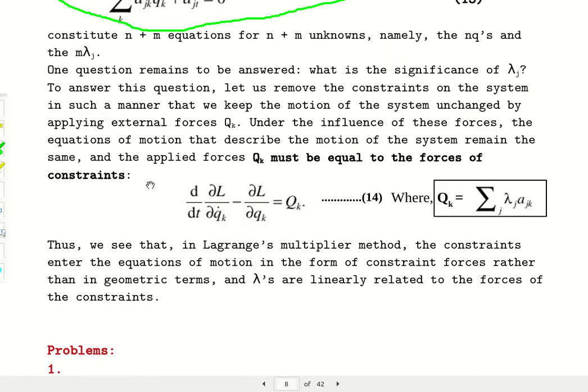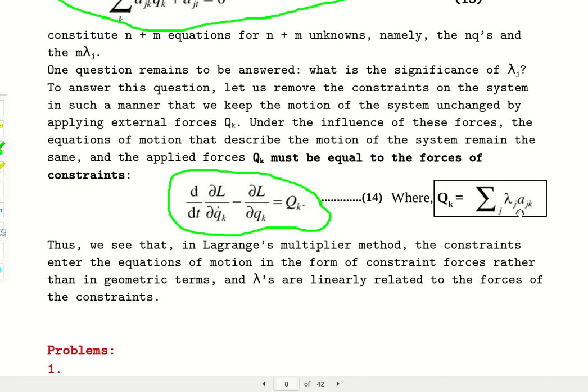So this is just like Lagrange's equation of motion, where Qk we know as the generalized force, but here Qk will be called the forces of constraint, because here Qk comes from this equation where lambda j and ajk are there, and Qk is a function of lambda j linearly.